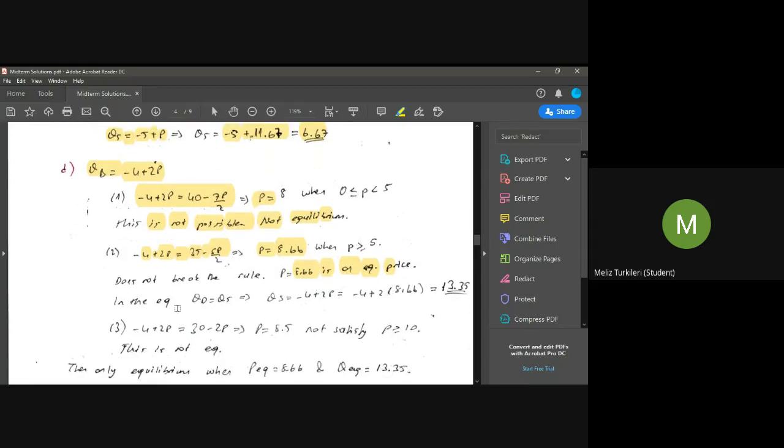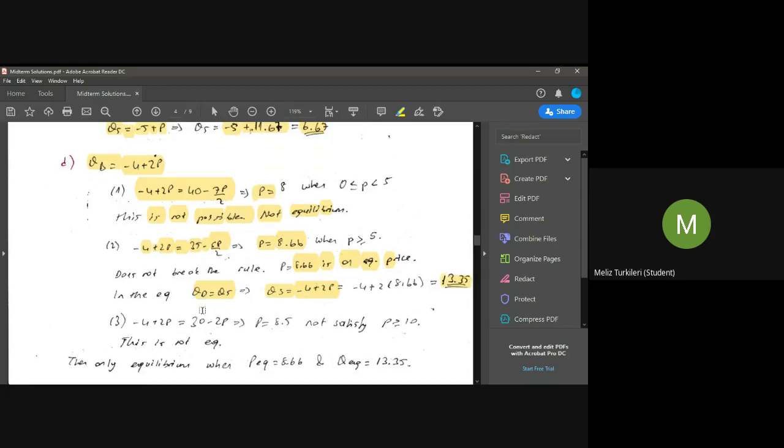And we know that in the equilibrium, demand should be equal to the quantity of supply. Since the quantity of supply equals minus 4 plus 2p, I can plug the price 8.66 into the supply equation and find out that in the equilibrium, demand and supply should be equal to 13.35.